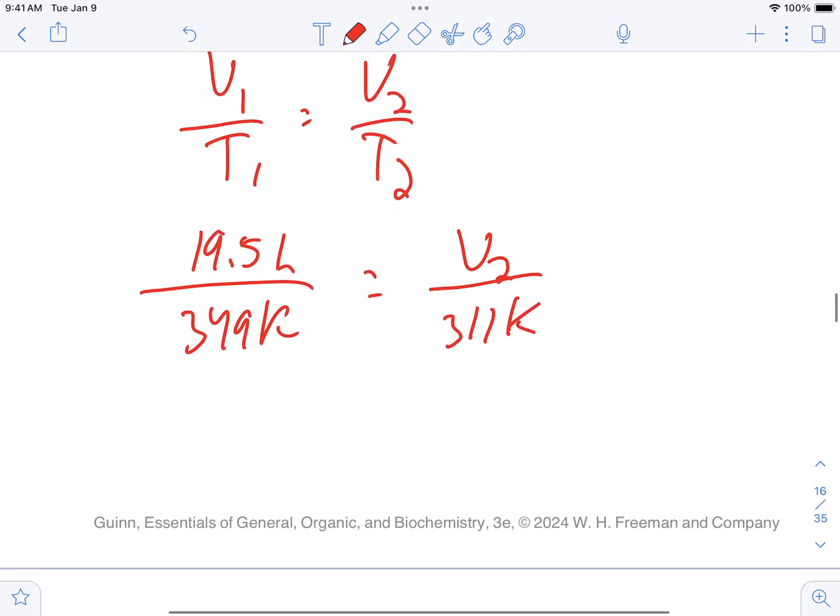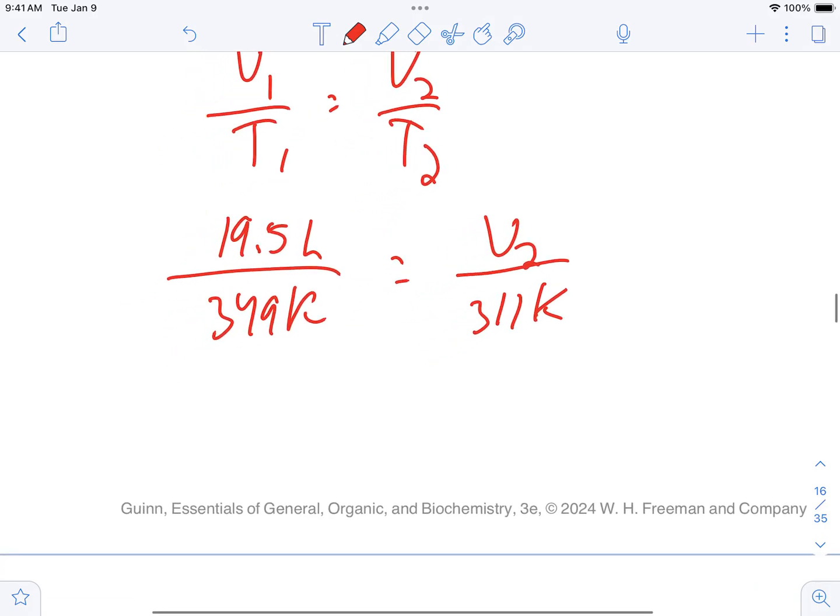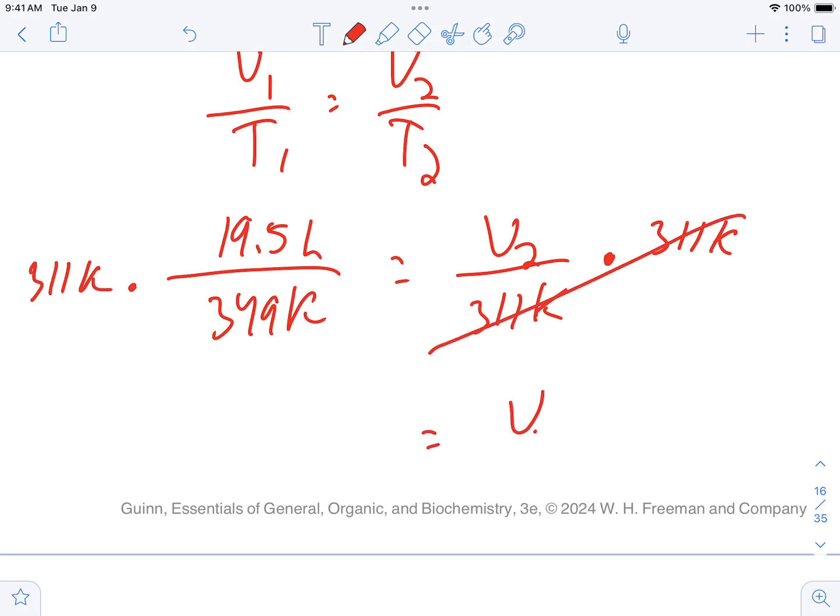Now algebraically here, with Boyle's law, we divided both sides by a number. Here we are going to multiply both sides by 311. And when we do that, our V2 will be 17.4 liters.